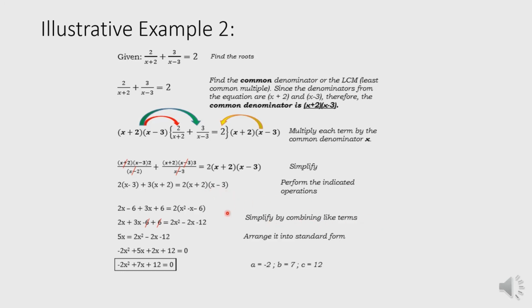And then simplify by combining like terms and arrange it into standard form, where you can apply properties, and then you get a quadratic equation in standard form, where our a is negative 2, our b is 7, and our c is 12.